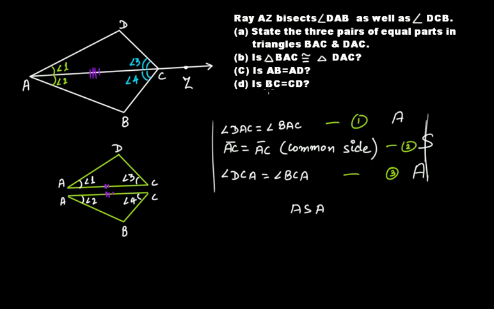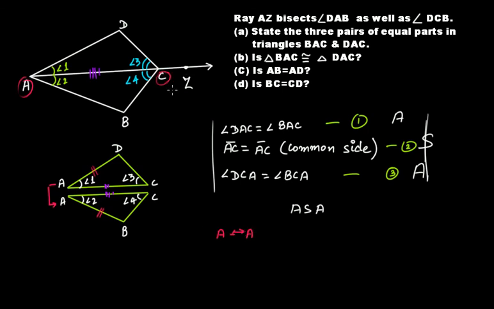Now, the third part, is AB equal to AD? It's asking that is AB is equal to AD. Now, from these two triangles, if we see here, this A is common, right? This vertex is common. So we'll say that from these two triangles, A and A are corresponding vertices.